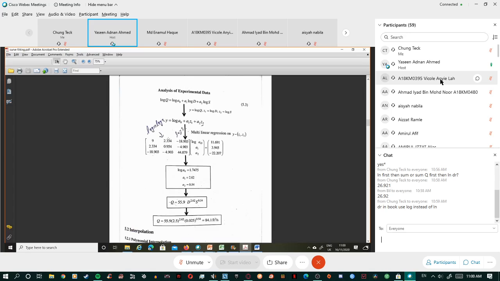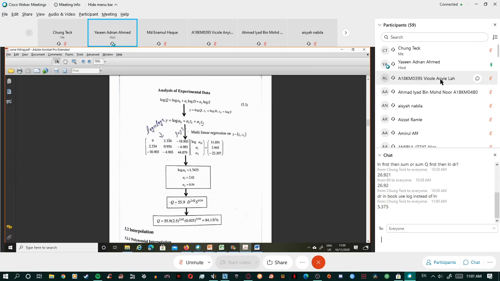If it is not matching, then we can try with the log. But normally we use the natural logarithm. Can you try this one? 5.3. And then can you try log now?